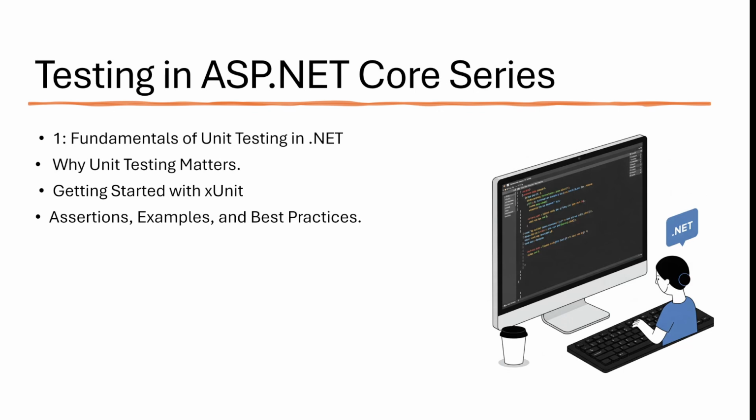We will be looking at a word like assertion. So when we talk of assertion, what is it? And we'll be looking at some of the examples and best practice whenever we are doing any assertion. So we'll also be looking at how we test object, arrays and collections in .NET. So how do we also test this and get an output? We'll be looking at all of them.